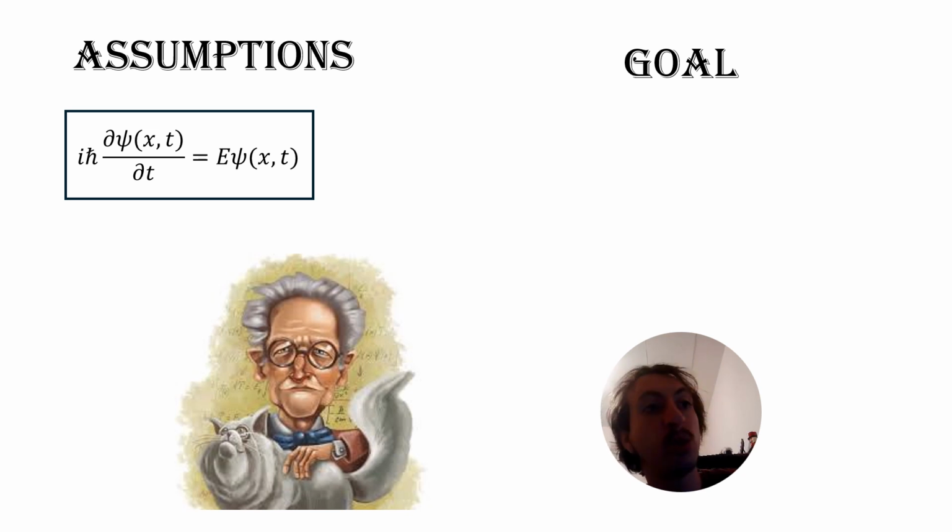Like Schrödinger's equation just doesn't work for relativistic particles. So, when I say assume Schrödinger's equation is true, although we can trust it under the conditions we're dealing with, it is an assumption. We are assuming that it works.